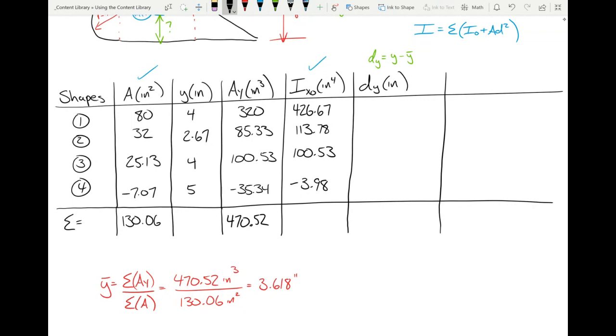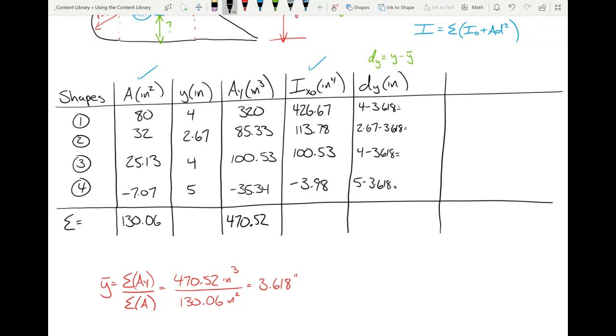So this first one is going to be 4 minus 3.618. This one's going to be 2.67 minus 3.618. This one's going to be 4 minus 3.618. This one's going to be 5 minus 3.618. And it actually doesn't matter which direction you subtract. You could do y minus y bar, or y bar minus y, because ultimately you're going to square those d values.